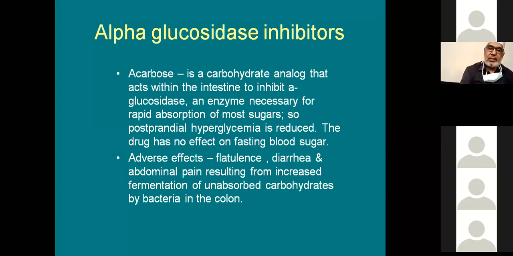If we give acarbose and miglitol before meals, they reduce the increase in blood sugar that normally occurs after eating. So they reduce postprandial hyperglycemia. The drug has no effect on fasting blood sugar. Flatulence, diarrhea and abdominal pain result from increased fermentation of unabsorbed carbohydrates by bacteria.